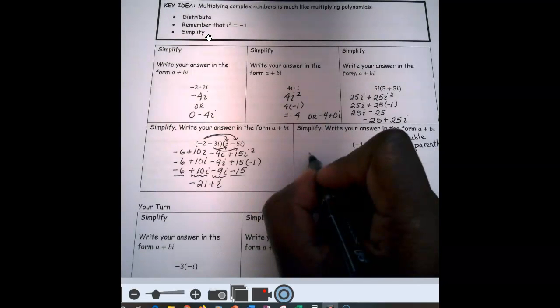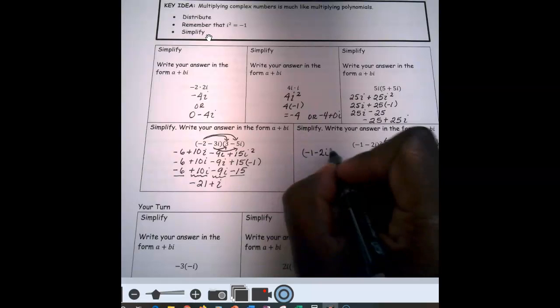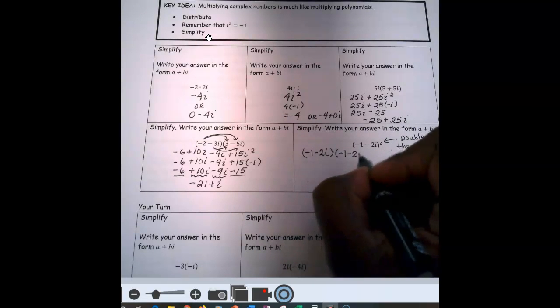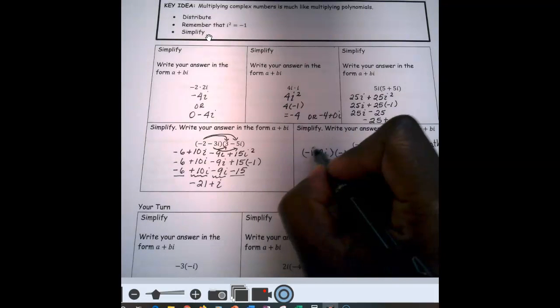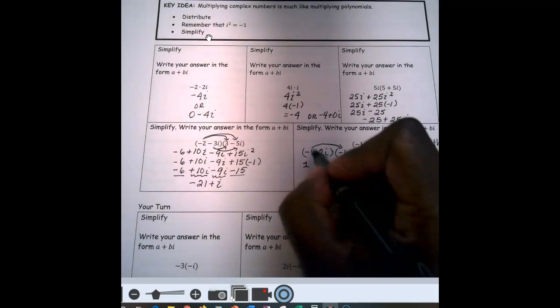So I'm going to write it as (-1 - 2i) multiplied by (-1 - 2i). And then we just do our distributive property again. So we've got negative 1 times negative 1 is positive 1.